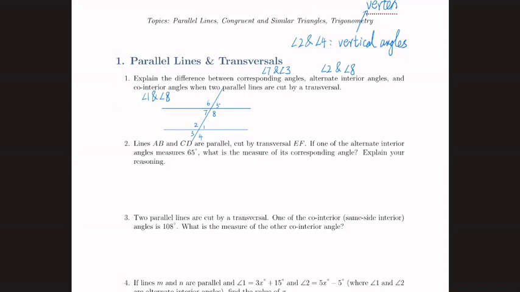Let's read the question. Two lines are parallel, cut by a transversal. Let's label this A, B, C, D, E, F. If one of the alternate interior angles measures 65, let's see this one.